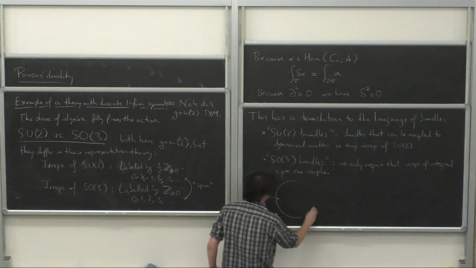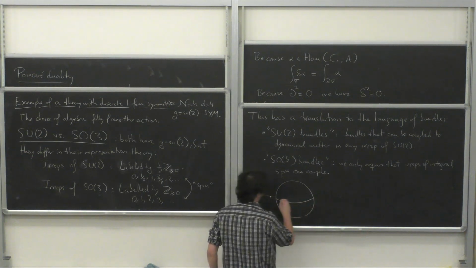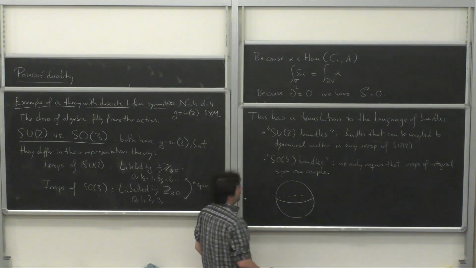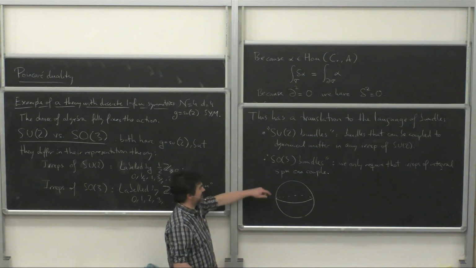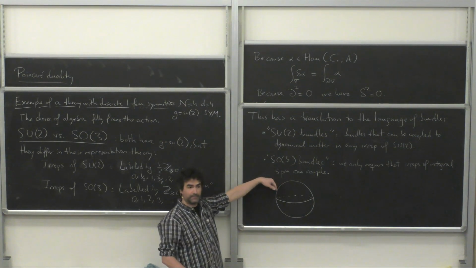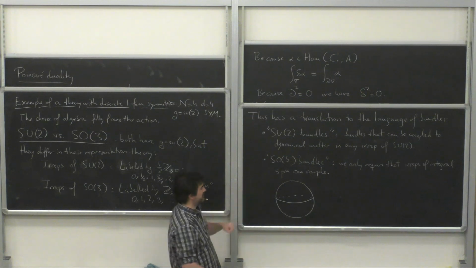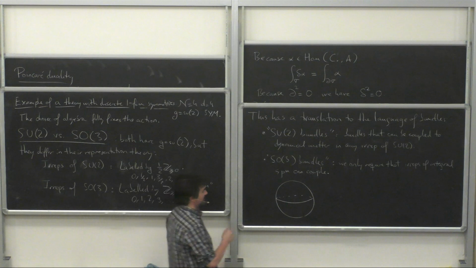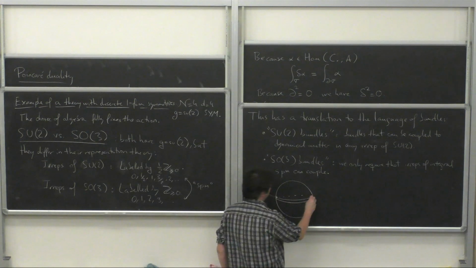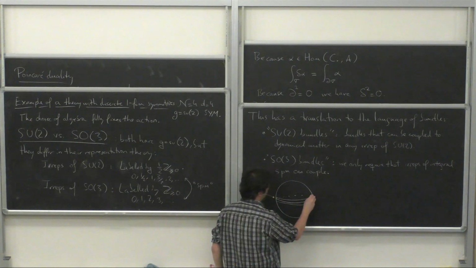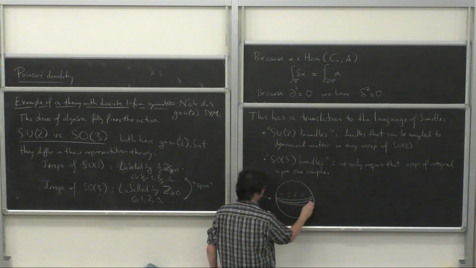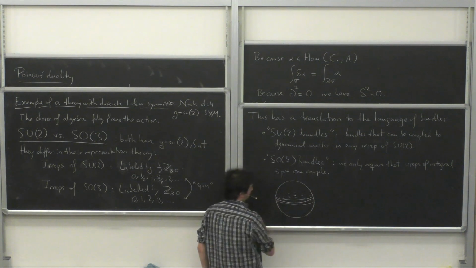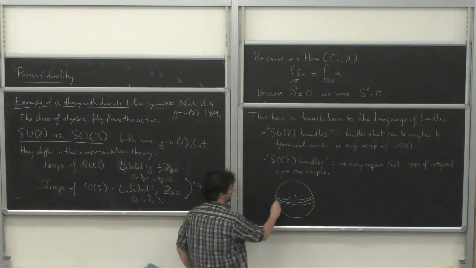Imagine that you have an S^2, and you want to define a bundle of this type, which is locally of SU(2) type or SO(3) type. The sphere has a nice decomposition into open sets. You have the northern hemisphere and the southern hemisphere, and they are glued across the equator.